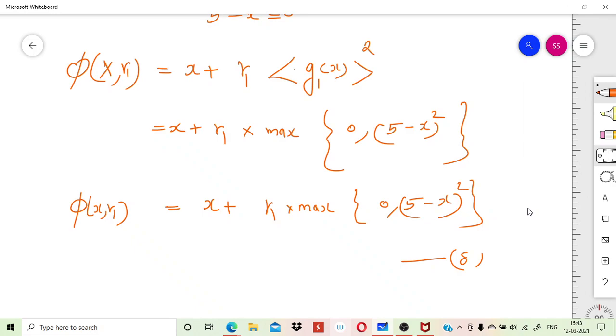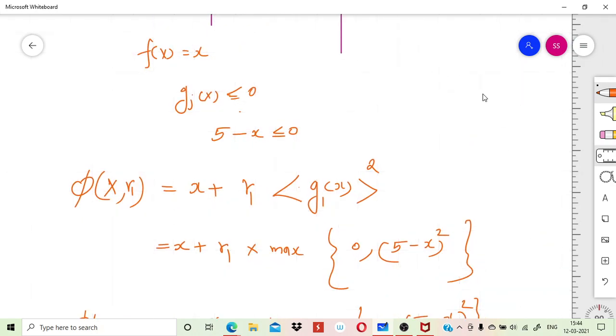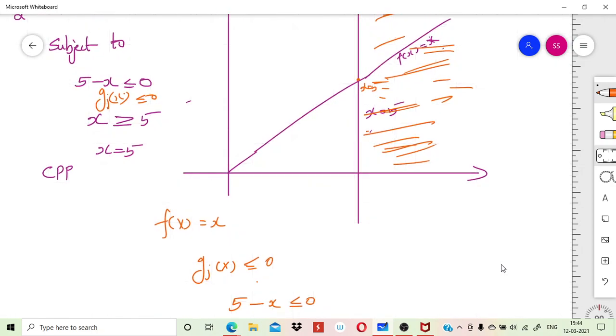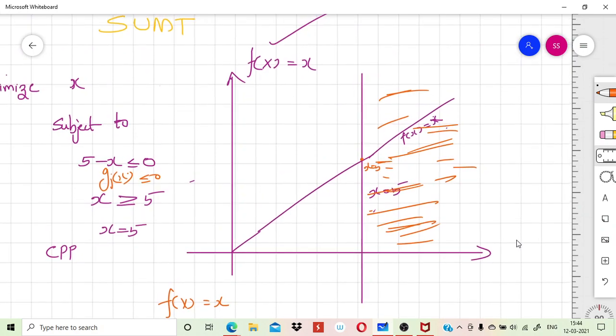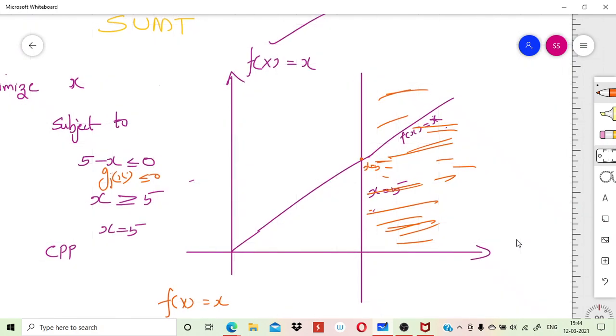On appending this penalty function, we will proceed with our unconstrained problem. Then what you will observe is, first of all, the function phi will be like this.